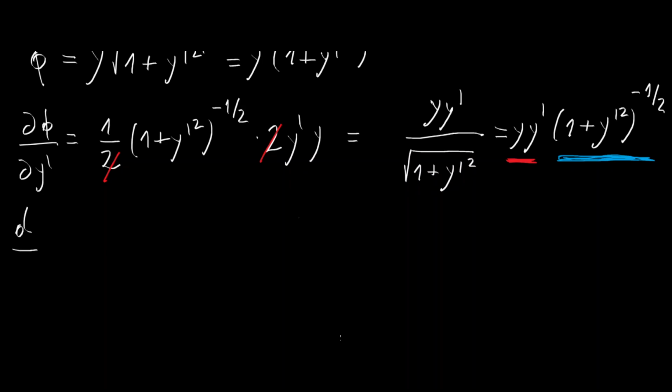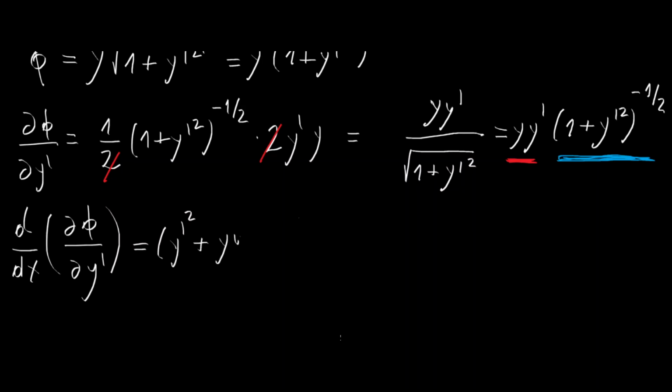So d/dx of the partial of phi with respect to y prime is equal to first the derivative of the red underlined function, which is equal to y prime squared plus y double prime times the blue function, which is simply this expression, plus the derivative of the blue function times the red function.